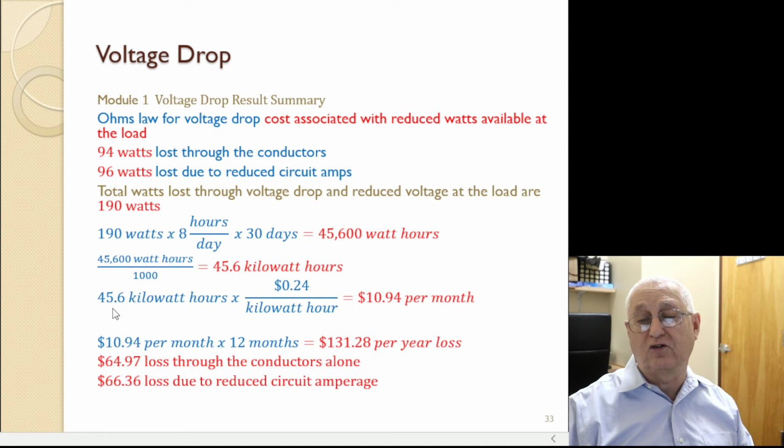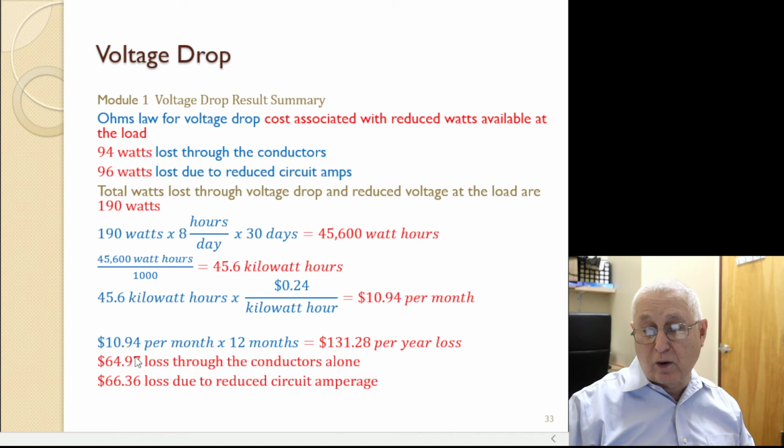So 45.6 kilowatt-hours times 24 cents per kilowatt-hour for the voltage cost on Long Island equals $10.94 per month. $10.94 per month times 12 months equals $131.28 per year loss. $64 or almost $65 loss is through the conductors alone.